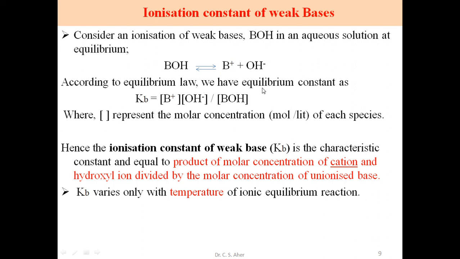According to the equilibrium law, we have the equilibrium constant Kb equal to the concentration of B plus times the concentration of OH minus divided by the undissociated base concentration, that is the concentration of BOH, where the square bracket represents the molar concentration, that is moles per liter, of each species. Hence this ionization constant of weak base Kb is the characteristic constant and equal to the product of molar concentration of cation and hydroxyl ion divided by the molar concentration of undissociated base.